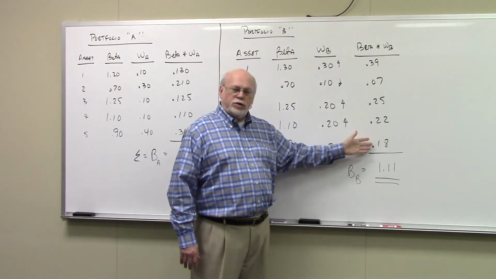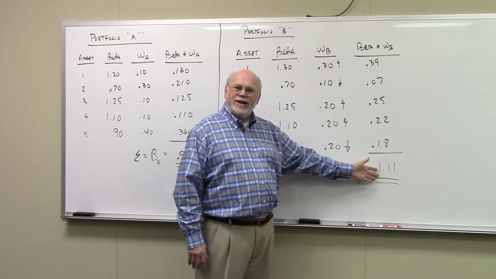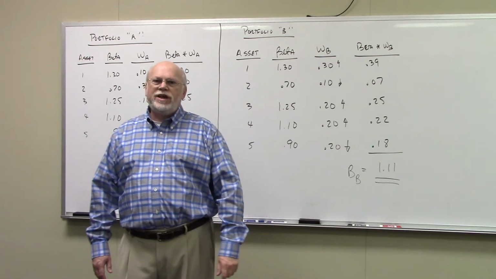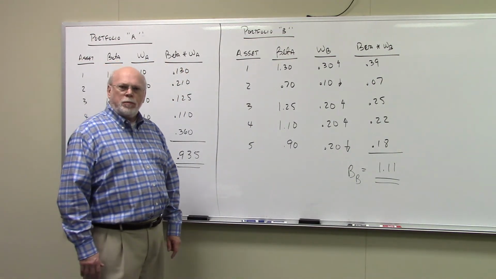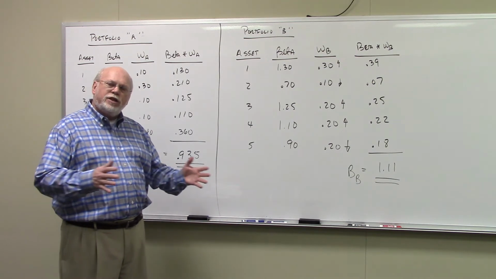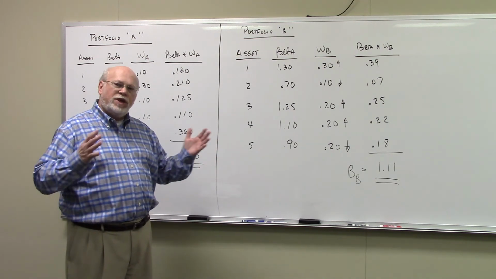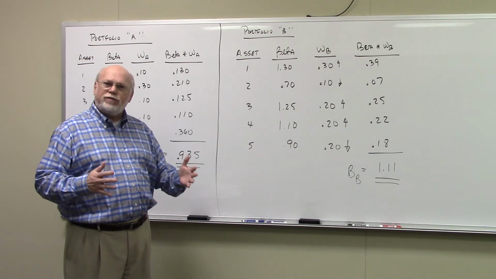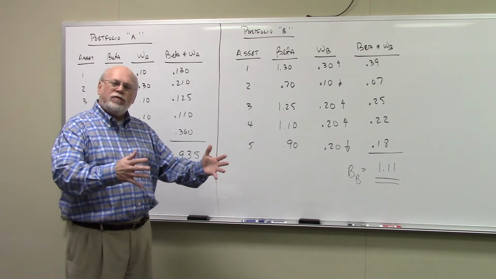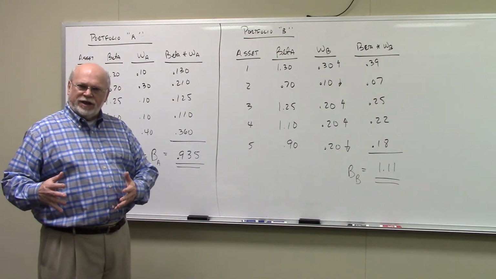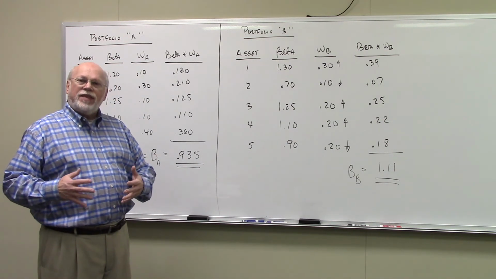You sum those products, and that indeed is the beta of the portfolio. In this case, 1.11. So what you see here is what someone would want to do if they expected the market to increase. If you're bullish on the market, if you think things are going to go great for your industry and for your business, then you want to move out of the less risky assets and into the more risky assets. In this case, that's what they're doing here.